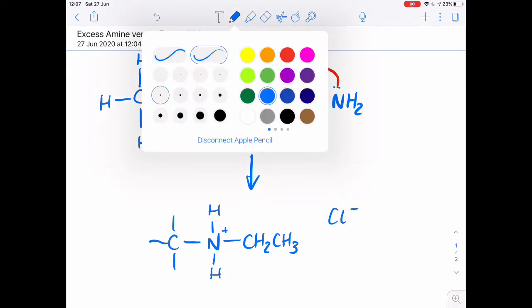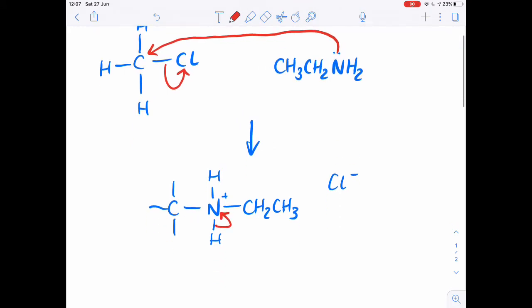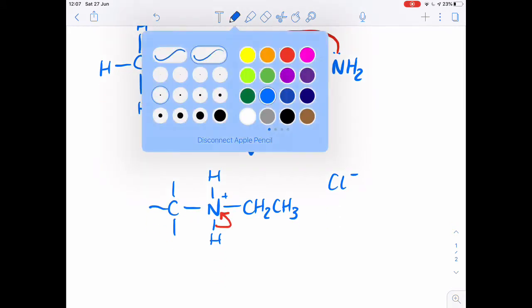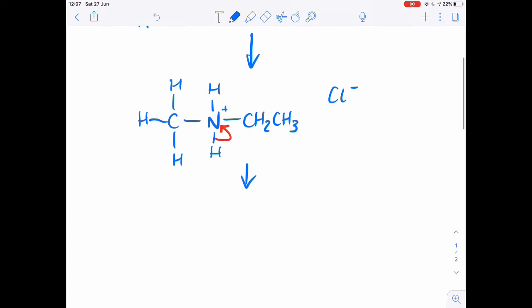But then you will be able to lose a proton in an acid-base reaction. You'll be able to lose that proton and make your product, which would be CH3, and then an N with one H. So we've gone from a primary amine to a secondary amine.